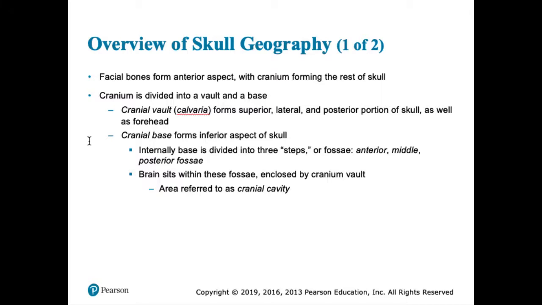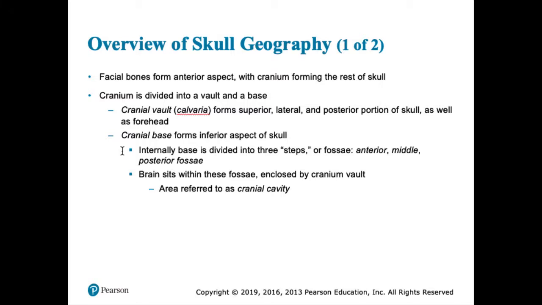Facial bones form the anterior aspect, with the cranium forming the rest of the skull. So the cranium is divided into the vault and a base. The cranial vault, or the calvaria, forms the superior, lateral, and posterior portion of the skull, as well as the forehead. And the cranial base forms the inferior aspect of the skull.